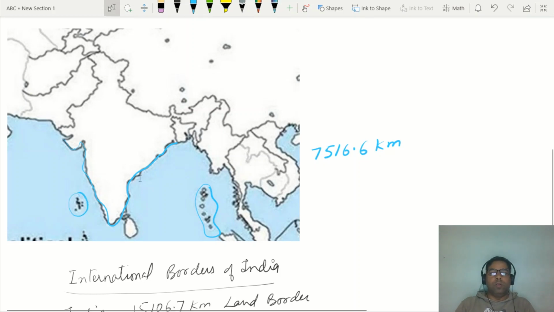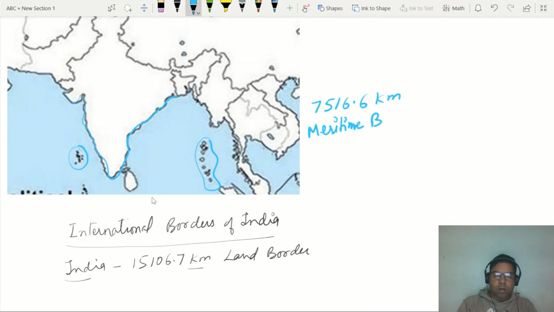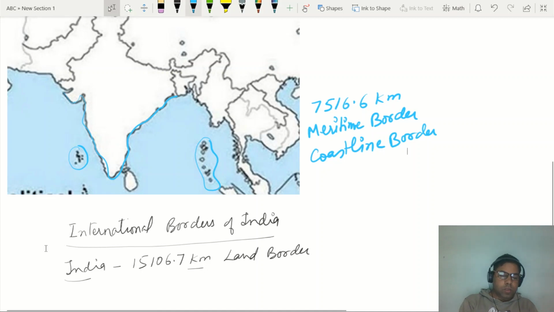So this is the whole total area of the maritime border. We also call it a maritime border, or in simple language we call it a coastline border, right? So in these parameters we have the border area.